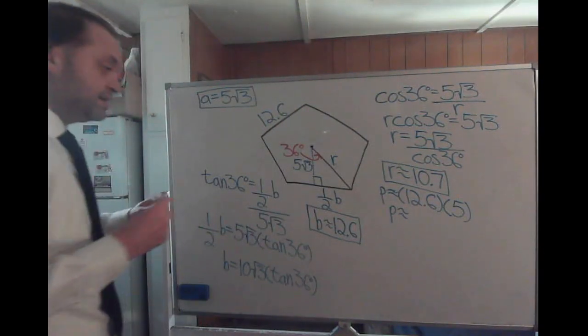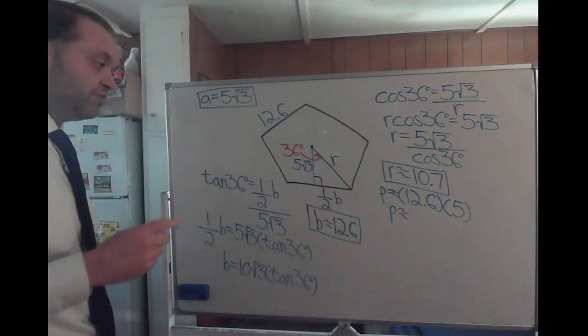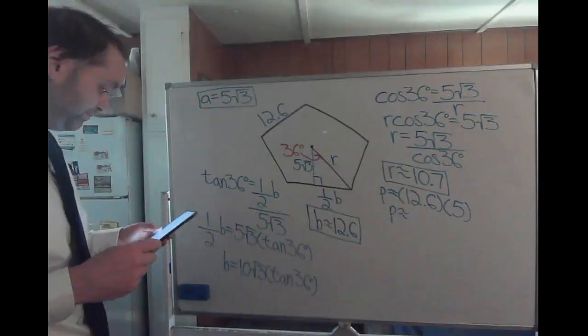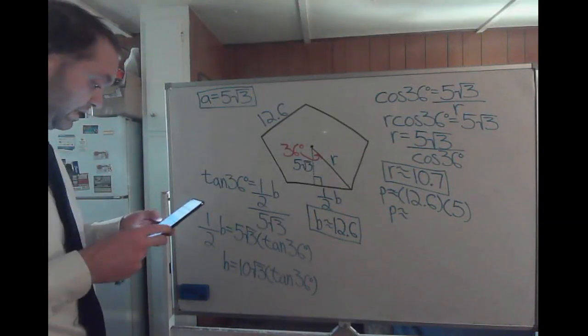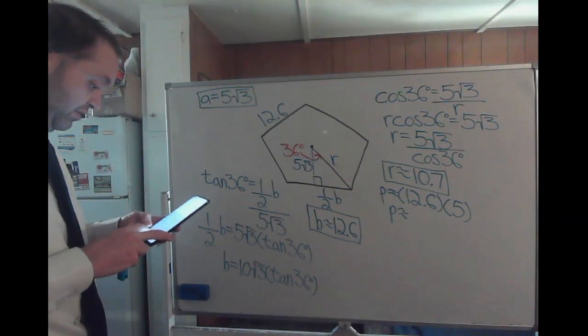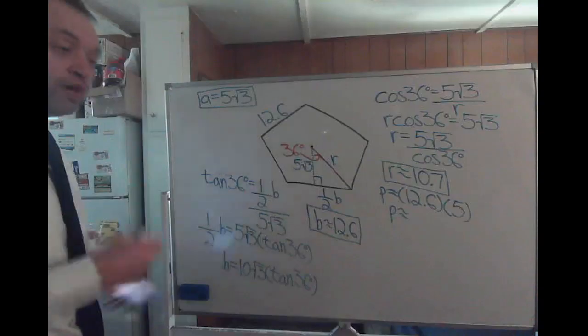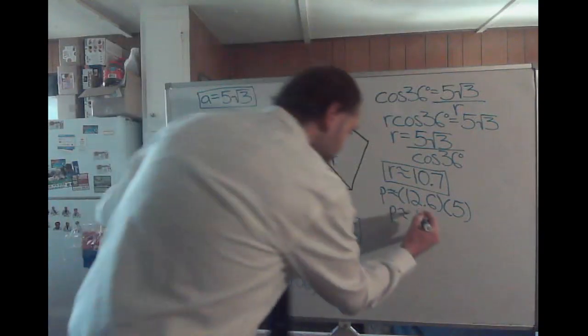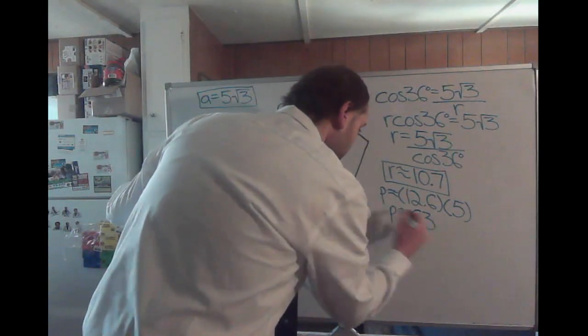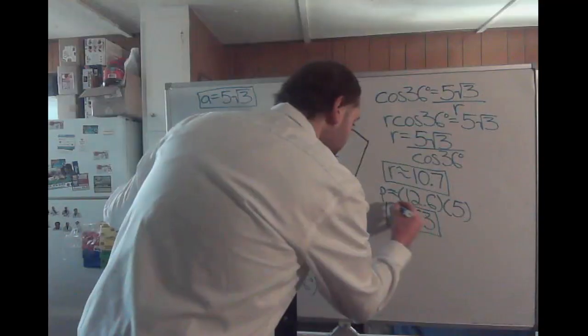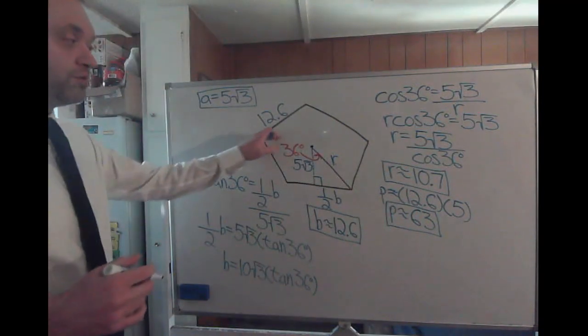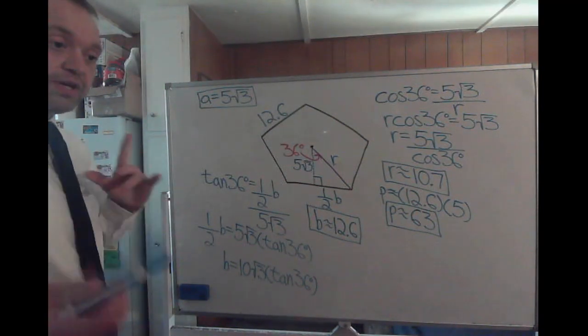So now we'll get a decimal approximation for 12.6 times 5. So let's see, 12.6 times 5 is approximately 63 units. So we found the perimeter of this regular pentagon to be 63 units.